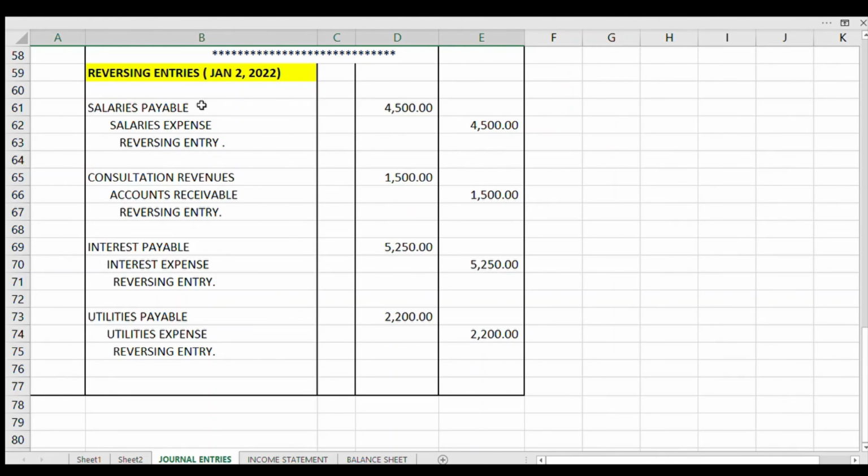Another thing to remember when it comes to reversing entries: only the accruals and the deferrals, and in the case of deferrals, only the entries that were made under the income and expense method. But just to finalize it, in this problem, only the accruals were reversed, although it is an optional step.